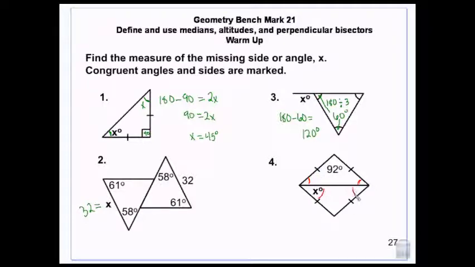So these two angles are going to be the same as those two angles. So these will all be x. So 2x's, so if I do 180 minus 92, I get 88. So if 88 is 2x's, 1x is 44.